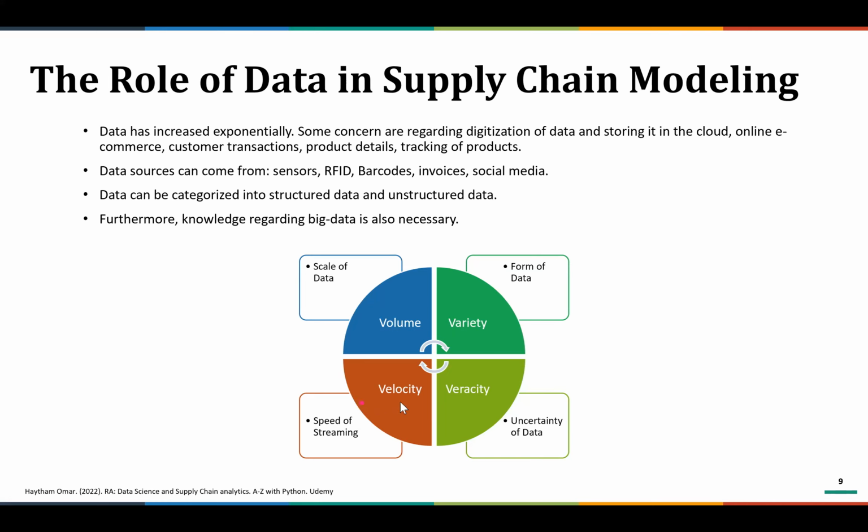Velocity represents that you may collect data in a very fast lead time. Each second you generate, even though each data item is small, thousands of data, which means the velocity of generating the data is big. Those are also considered big data. And finally, veracity means the certainty of the data that we may generate.